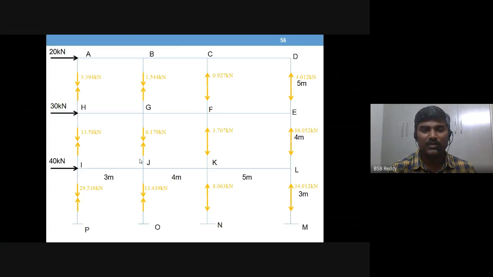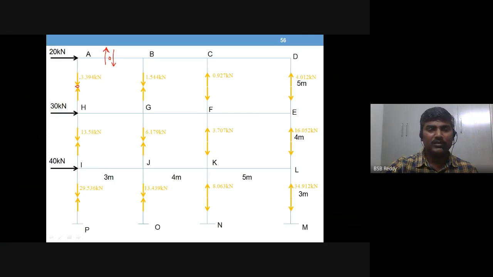Okay. Then from here, once you are able to solve for column axial loads, think in the reverse order of the portal method. There, you were able to calculate beam shear, and after knowing beam shear you are able to calculate column axial load.